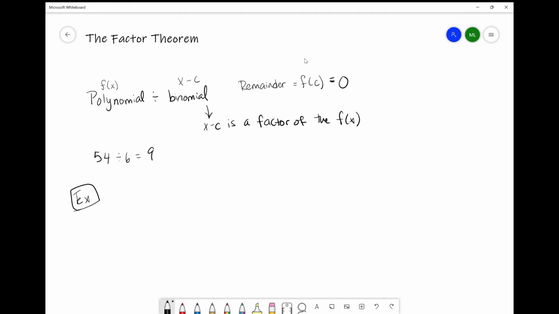The question is asking: is x minus 5 a factor of the polynomial x cubed minus 7x squared plus 7x plus 15? So is x minus 5 a factor of this polynomial?